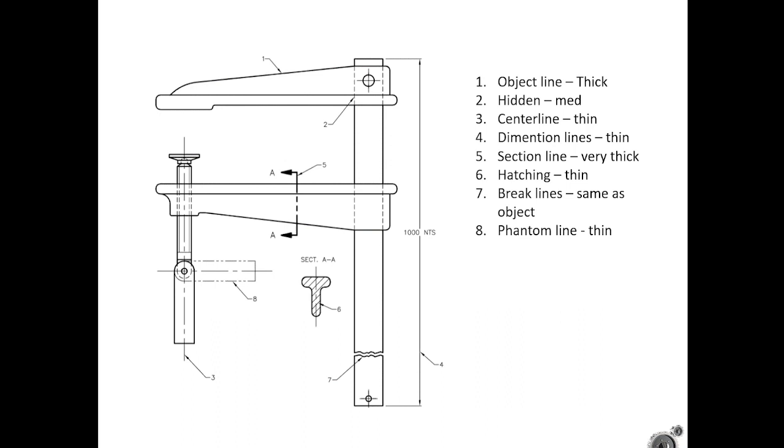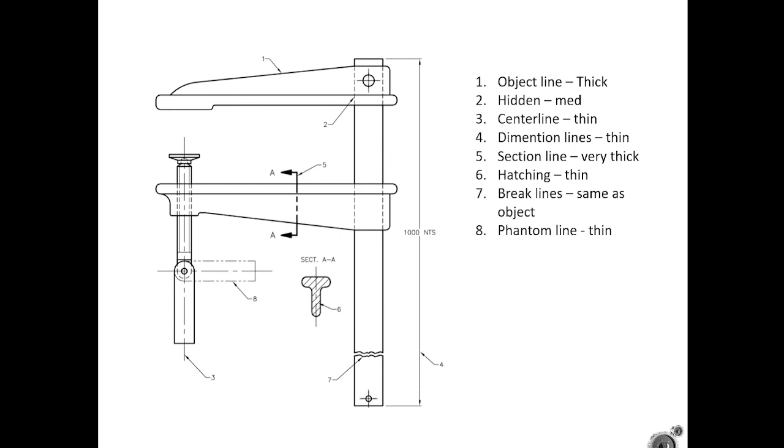In drafting, we have some standards for how lines should appear. We've talked about object lines, which are solid, hidden lines, which are dashed, and center lines, which are long, short, long. They also have associated line weights. Our object lines should be thick.